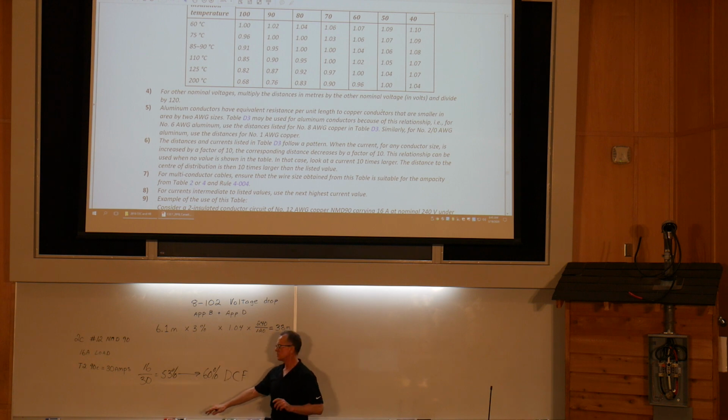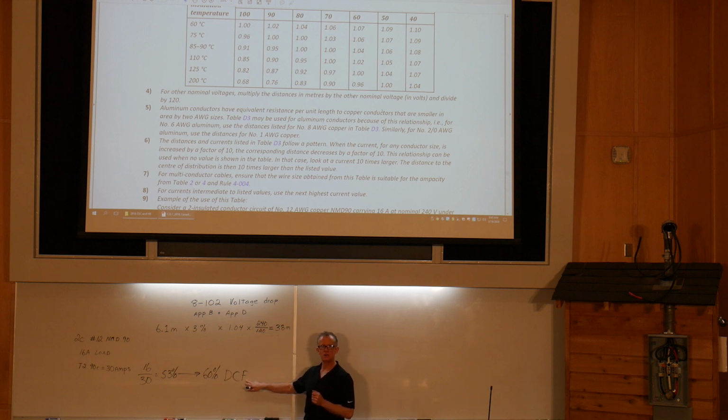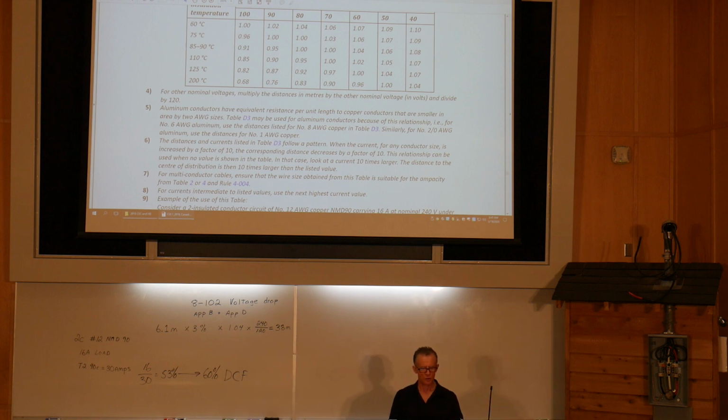We do the math: 16 divided by 30, we've loaded it at 53%. We round up to the 60%. We go to the distance correction factor, and if we look up top, we've got the 85 to 90 degree column. We've loaded to 60%, we come across, and that's the 1.04.